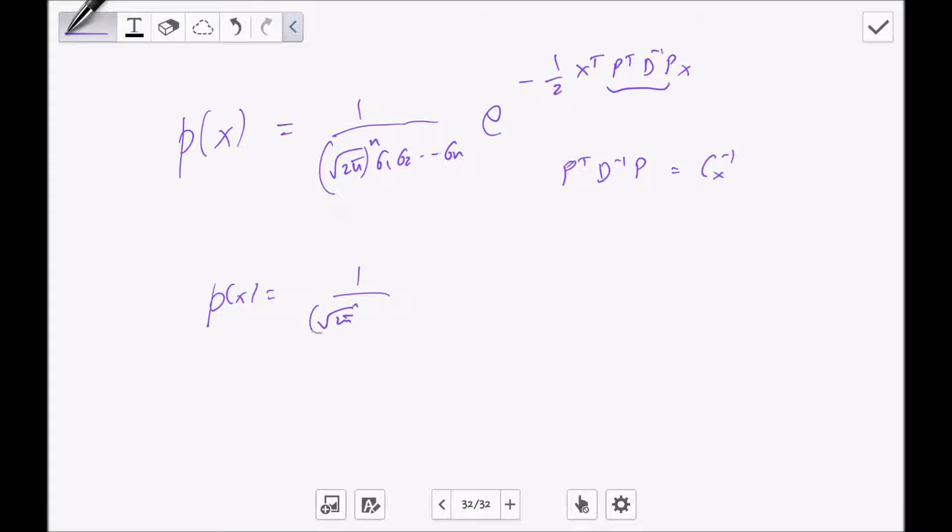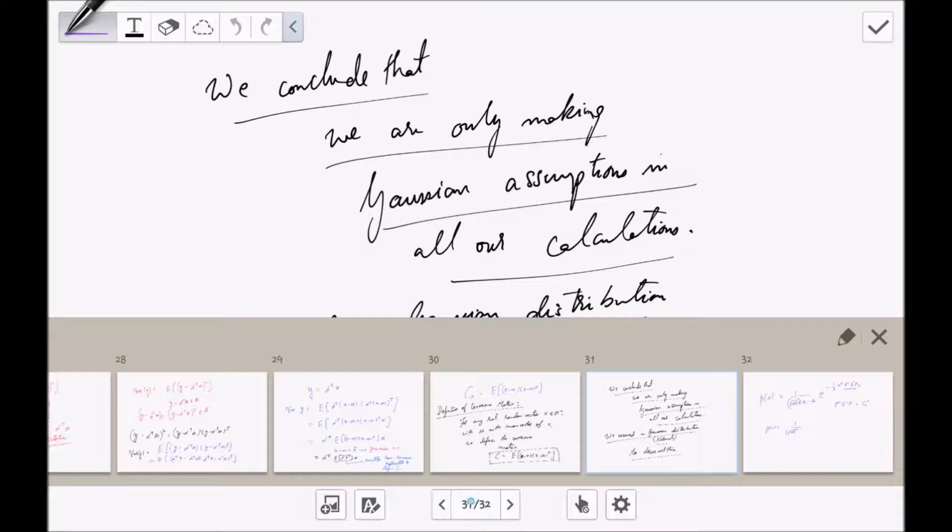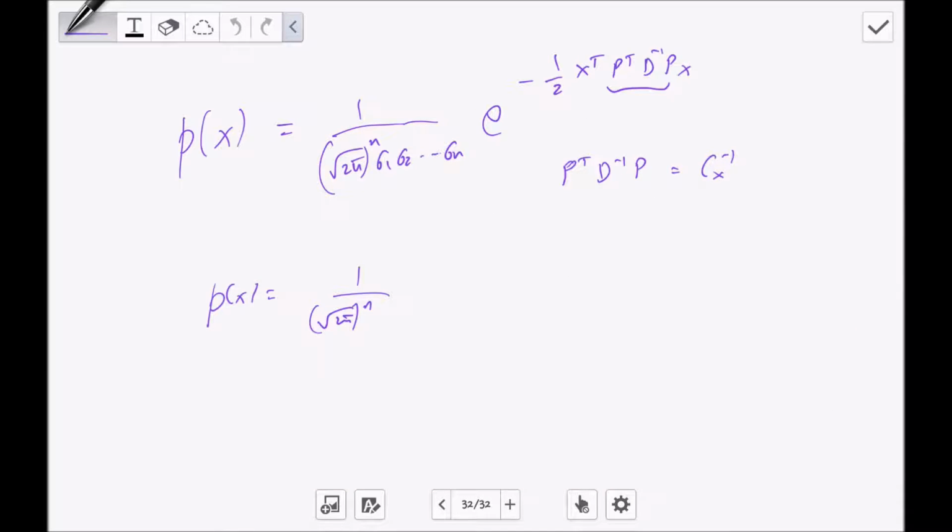Okay, there was a power n. Didn't I write it earlier? Yeah, I would have written. So there is a power n. This is sigma 1, sigma 2, so on up to sigma n. This is e to the power minus half x transpose cx inverse x. Okay. Now let us see what this is.